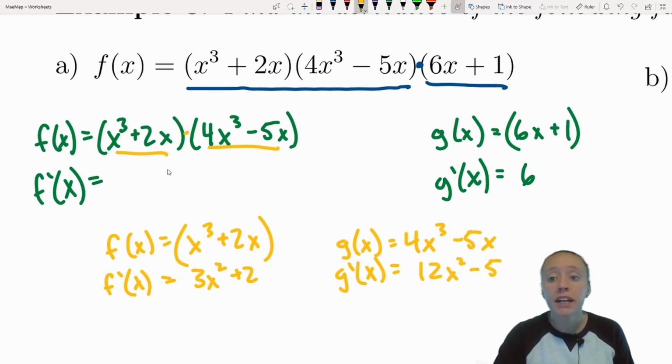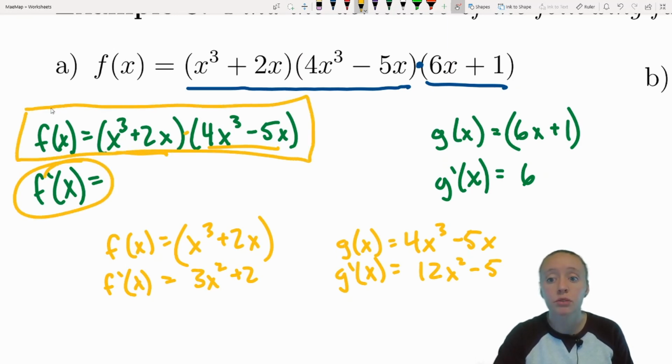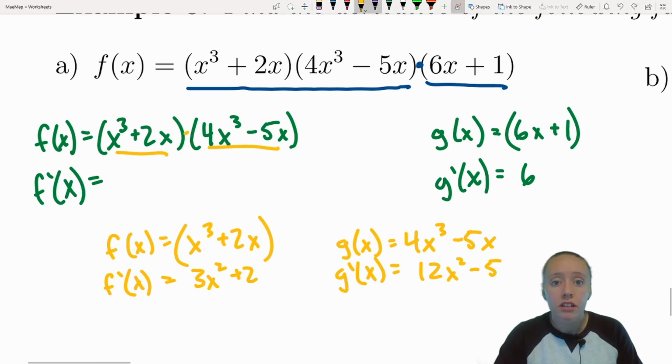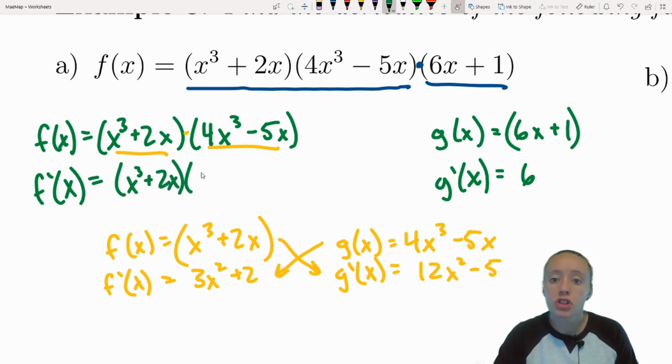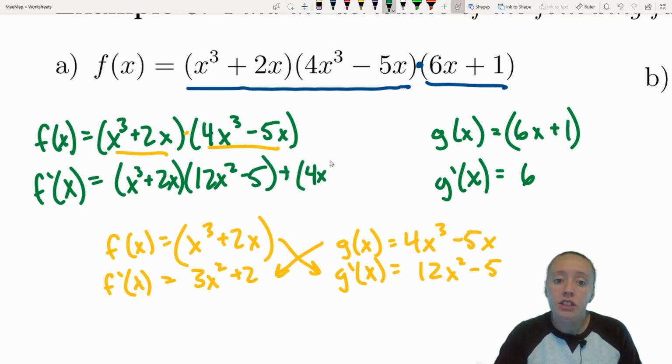So now my f prime of x in my first product rule is going to be, just simply cross these, x cubed plus 2x times 12x squared minus 5 plus 4x cubed minus 5x times 3x squared plus 2.